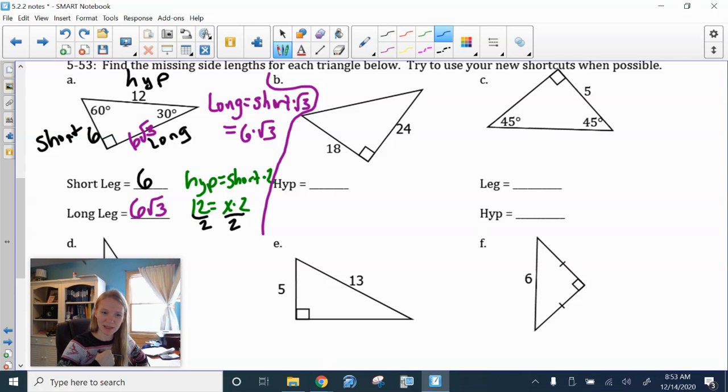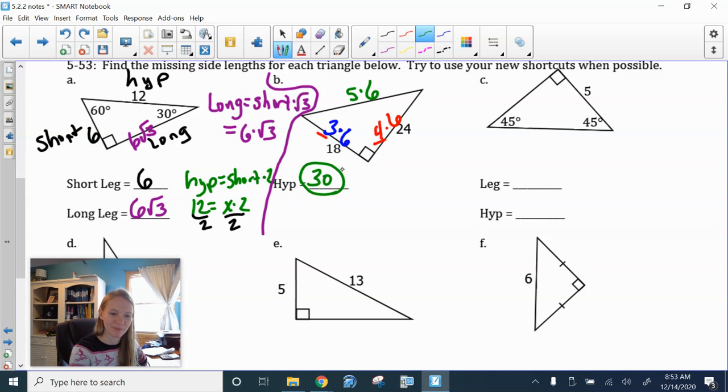Well, they're both divisible by 6. 18 divided by 6 would be 3, or 3 times 6 is 18. 24 divided by 6, or 4 times 6 is 24, which tells me I'm doing a 3, 4, 5 triangle. So my hypotenuse would just be 5 times 6, or 30.